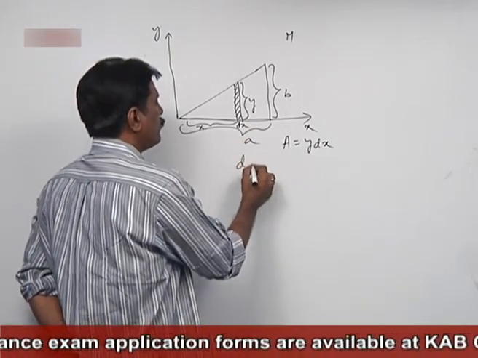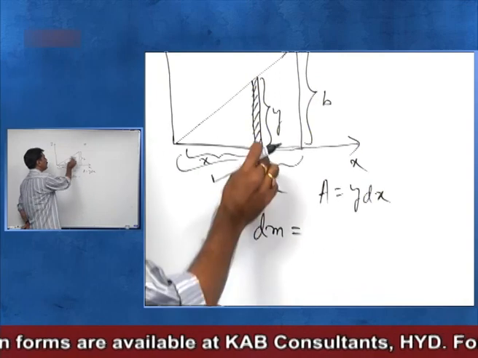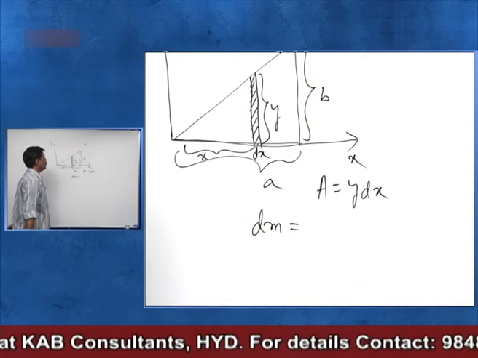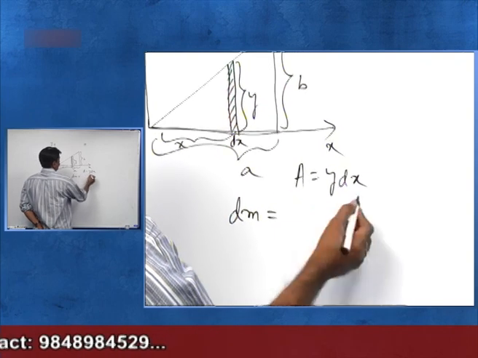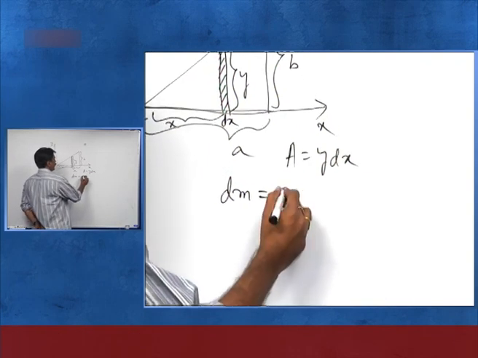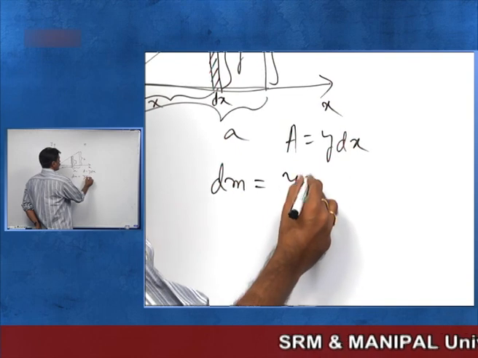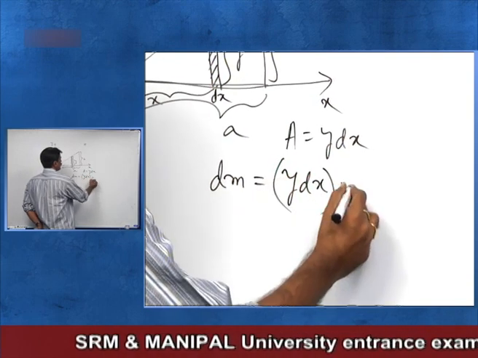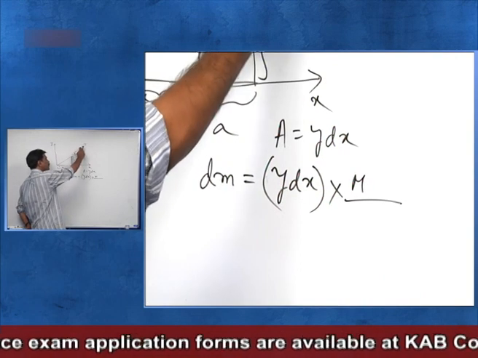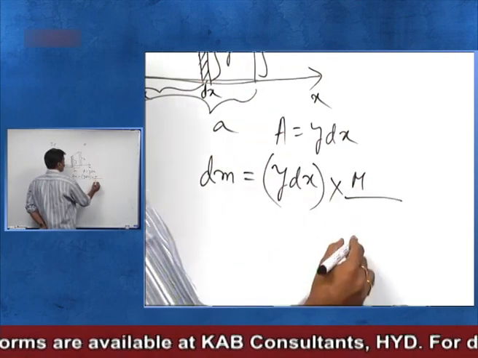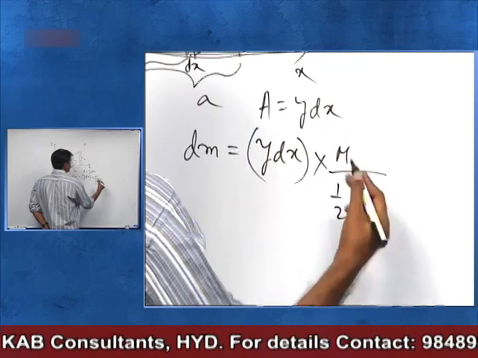Then dm, the mass of the element that we have selected, will be equal to area into mass per unit area. Total mass of the triangle is M and the area of the triangle is half AB.